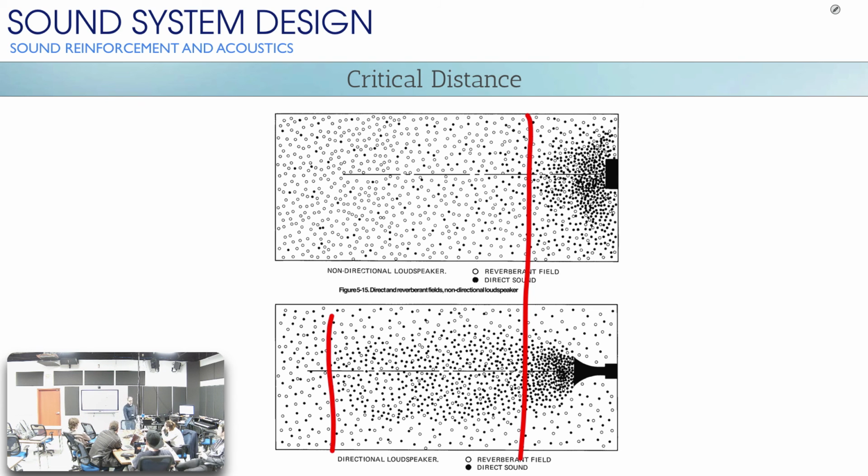Okay? Can you think of another way to increase the critical distance? So if I added another loudspeaker, where would I put it? Back in this scenario, I'm up here. Where would I put the other one? Outside of the co-filtering area of that one, so they wouldn't co-filter.